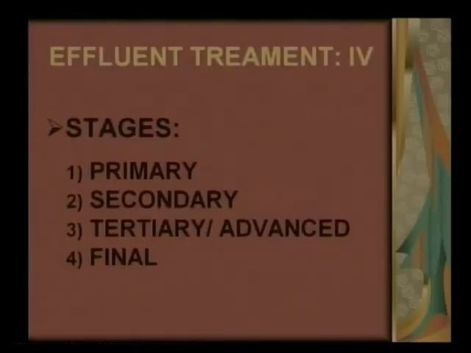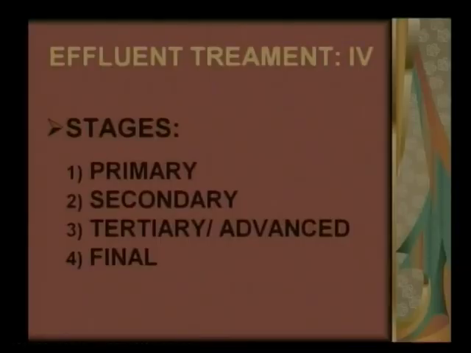For removal of nitrogen and phosphorus, the next stage is the advanced stage of treatment. In that stage, nitrogen can be removed biologically by the nitrification and denitrification process, and phosphorus can be removed by addition of lime, alum or ferric chloride. So this is how all the nitrogen and phosphorus content is removed. And then comes the final treatment.